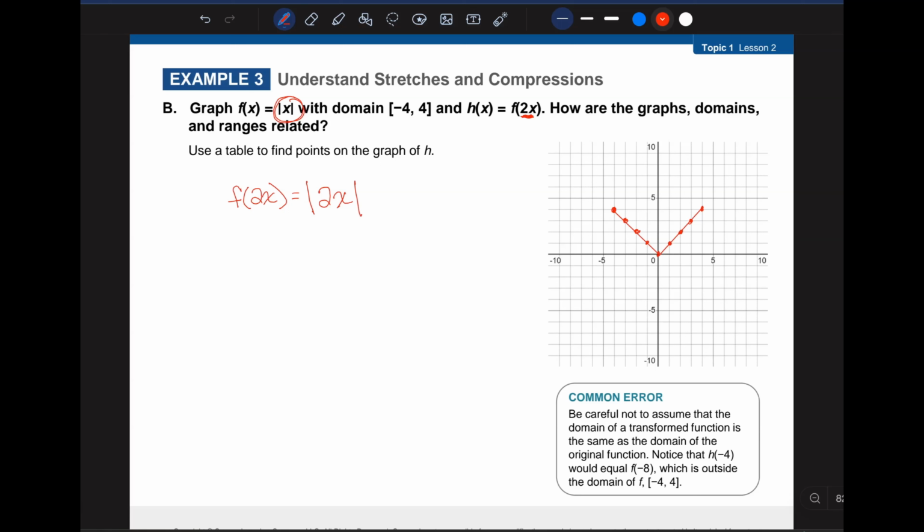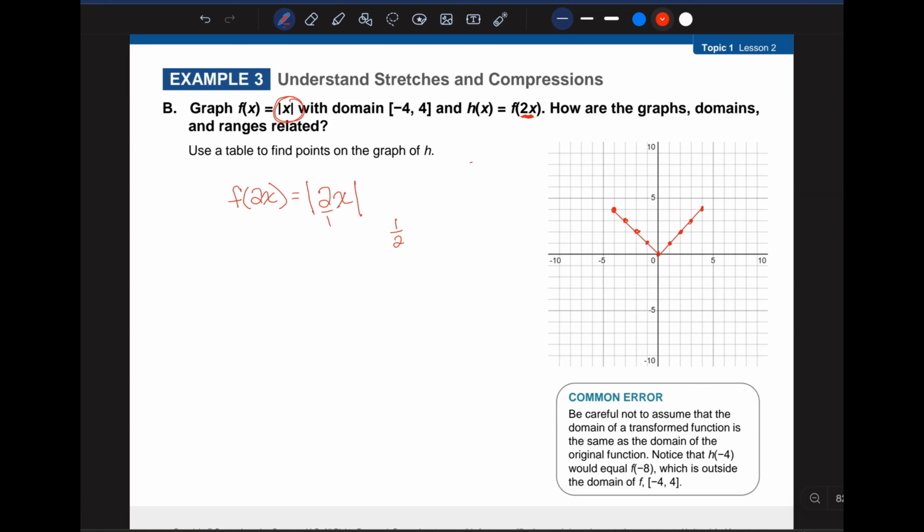Now remember, things that are horizontal are different. So I'm not going to multiply x by 2. I am going to multiply x by 1 over 2. I'm just flipping this. Either that or you can view it as dividing by 2. Multiplying by 1/2 or dividing by 2 are the exact same thing.